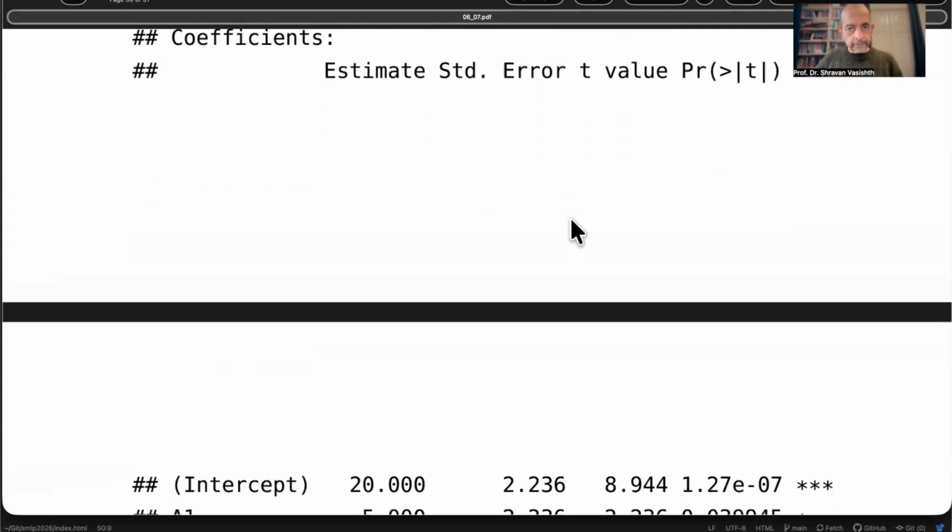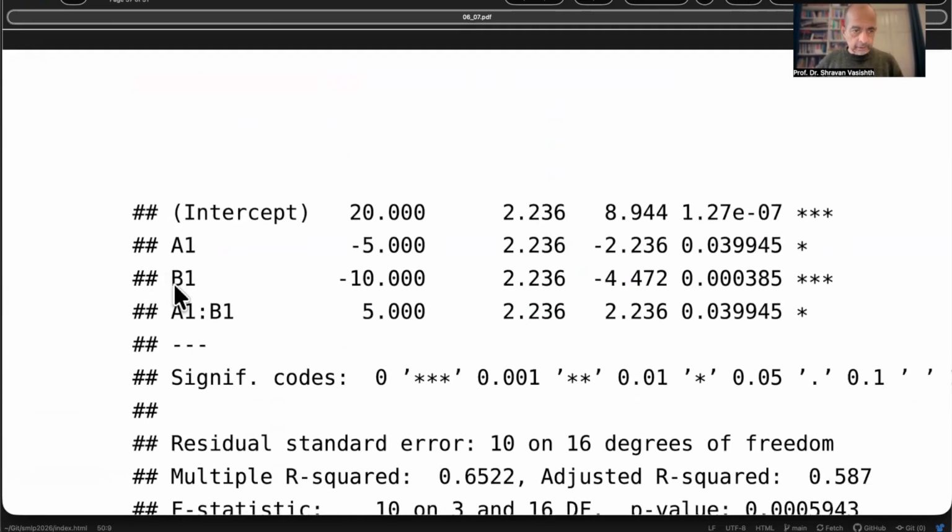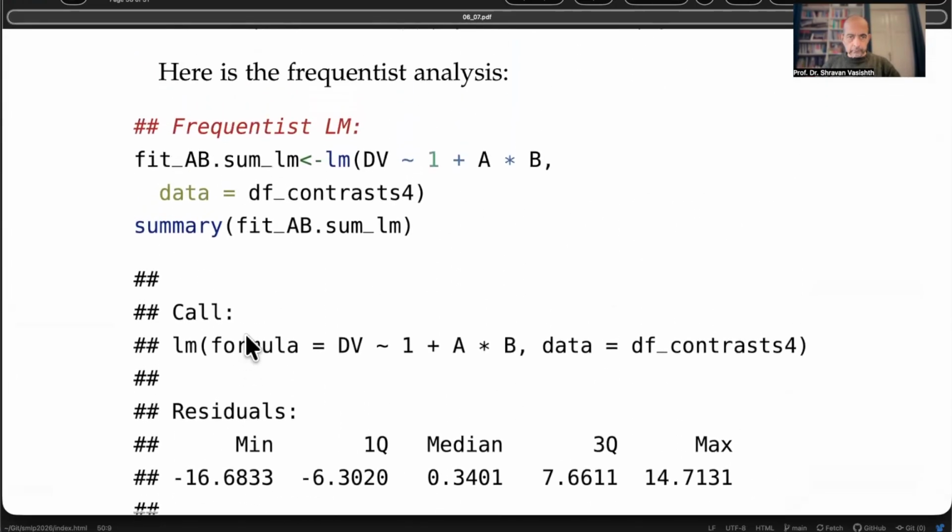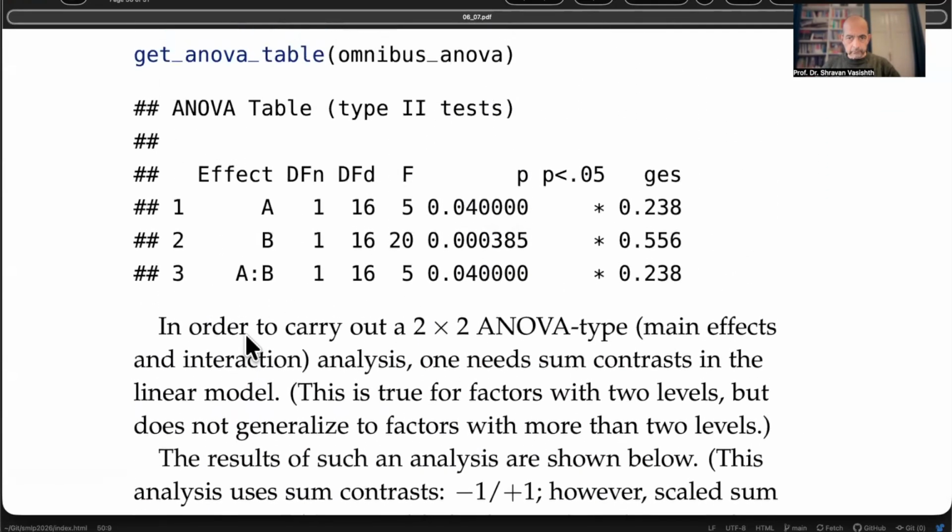You look at the output of the linear model, and you'll see that the two main effects of A and B and the interaction are shown here. One thing I want you to notice is that the p-values of the linear model output and of the ANOVA are the same.